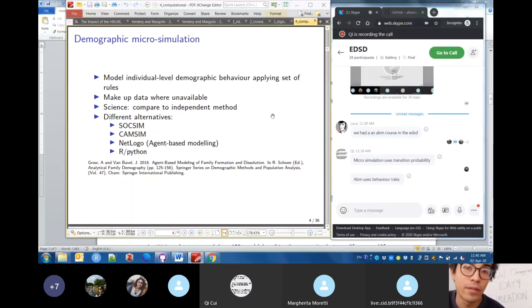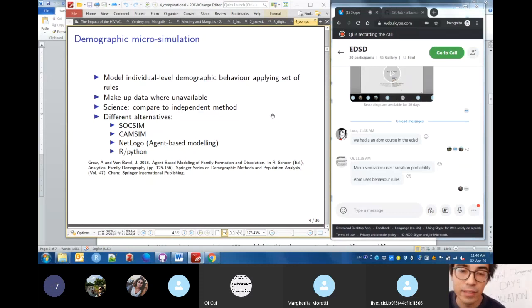In the readings, there are different examples of what this real world input data looks like, and also how sometimes we can match the outputs from our microsimulations to reality.